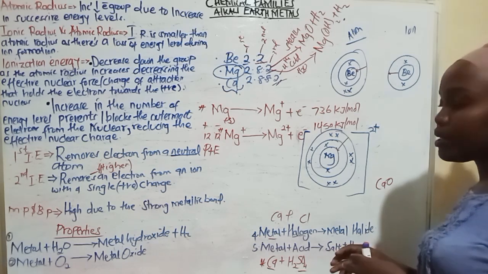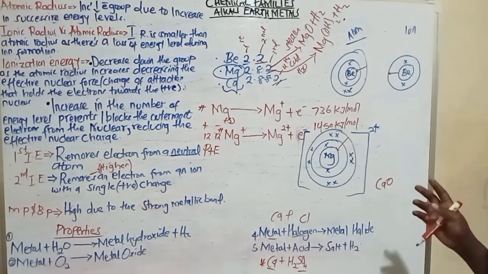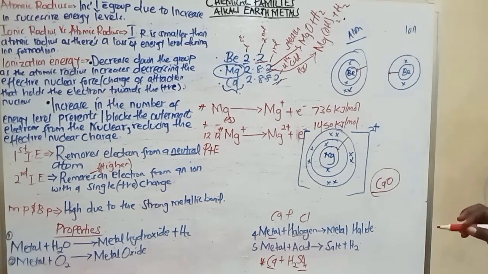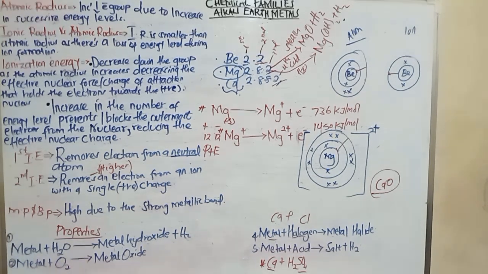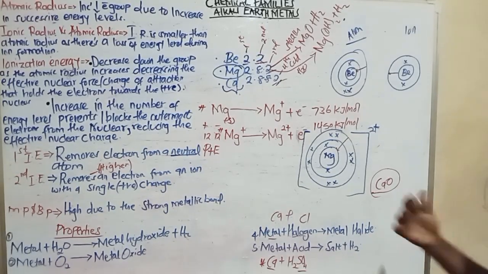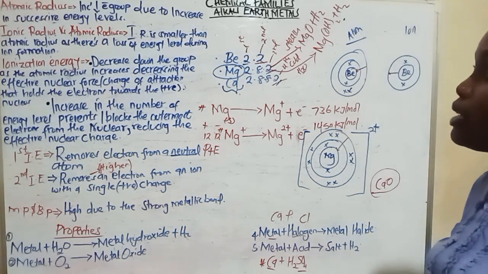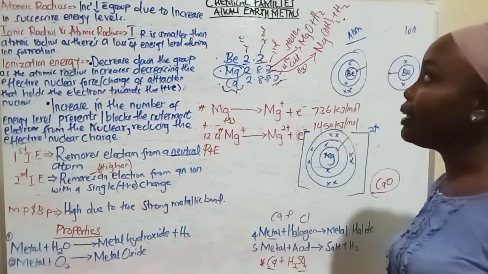So when you mix them and heat them strongly, calcium is going to react readily with oxygen that is in the atmosphere or in the air, and you're going to form a calcium what? A calcium oxide, which is going to be insoluble. So the coating is going to prevent further reaction between our calcium and our chlorine or our halide. So those are the properties and the reactions and everything that you need to know under alkaline earth metals.